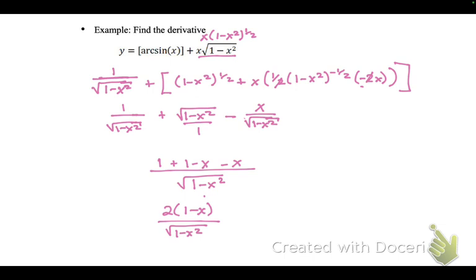I'm trying to see how they simplified it. Because they took from this step right here, and they said they had 1 minus x over the square root of 1 minus x squared, plus the square root of 1 minus x squared. Because these two already have common denominators, yes? Yeah. So they put them together.